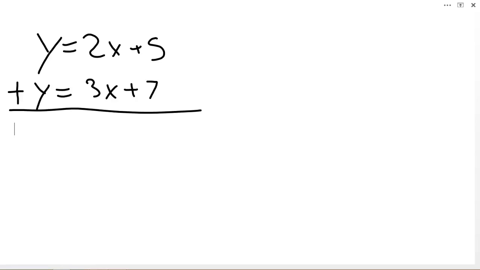So let's turn the first one into a negative. I'm going to write parentheses around the whole equation so you understand. I want to turn the first y in the first equation into a negative so we can cancel it out. So we're going to multiply this whole equation by negative 1.